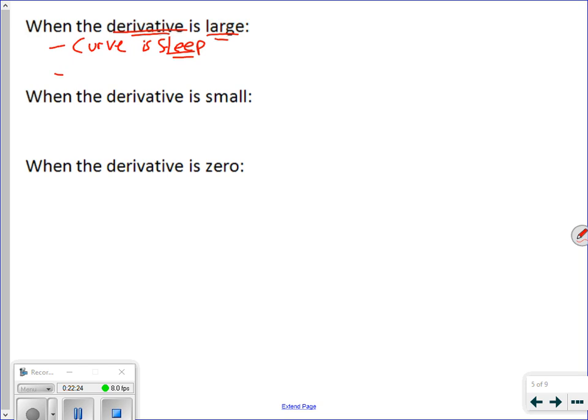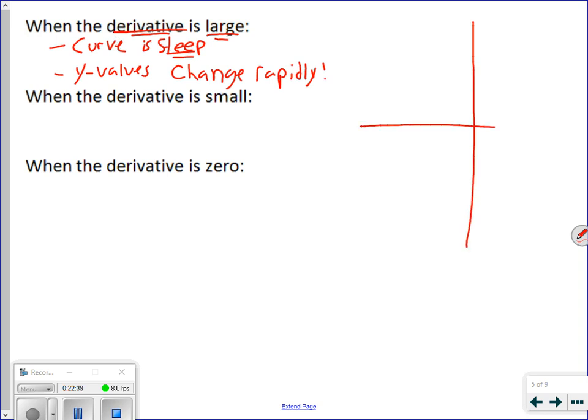So the y values change rapidly. All right, let me give you an example. I'll use this for all of them. Let's say we have that quadratic right there.